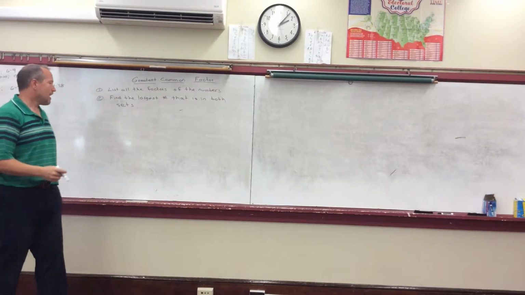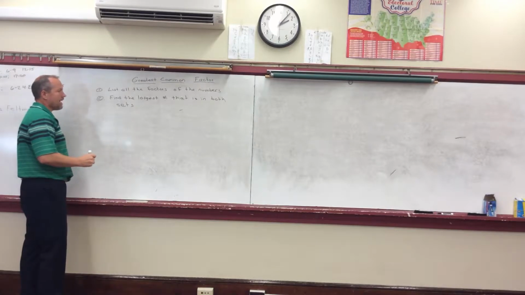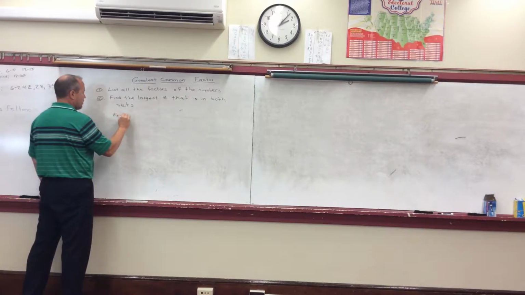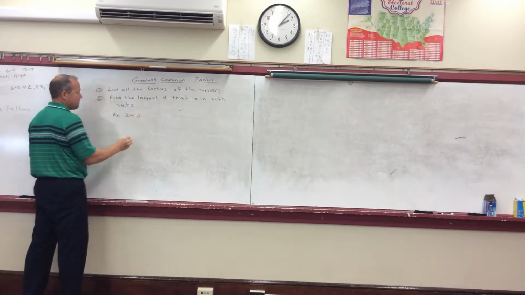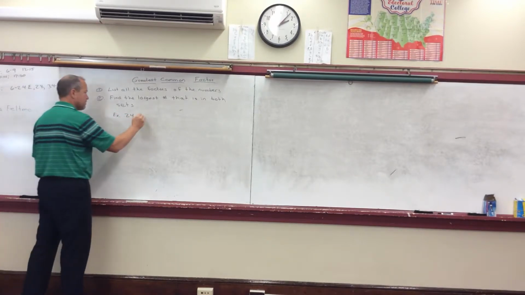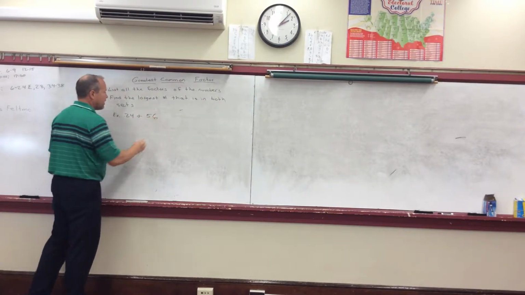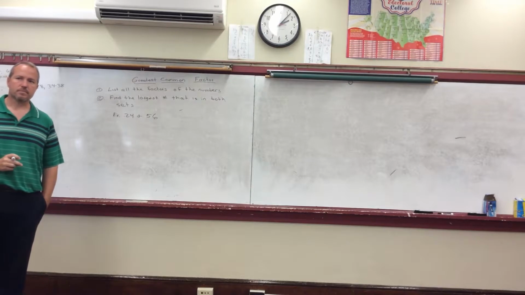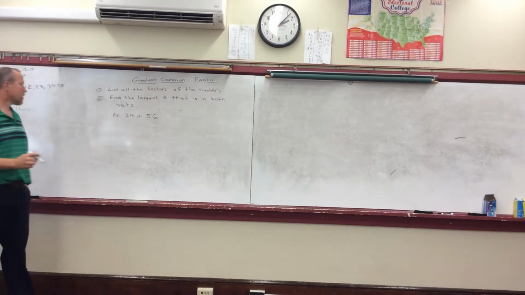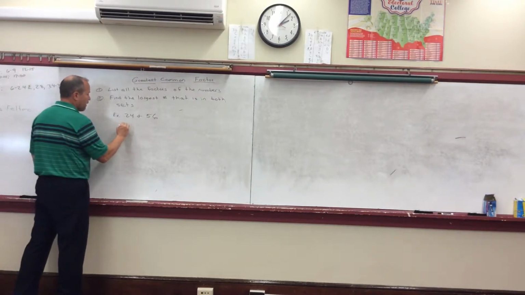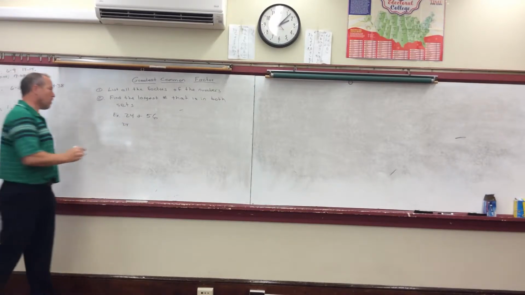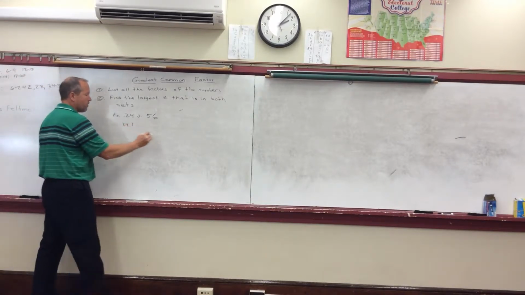Okay, so let's say we want to find the greatest common factor of 24 and, let's say, 56. Okay, so for 24, the first set of factors of any number are going to be 1 and itself.